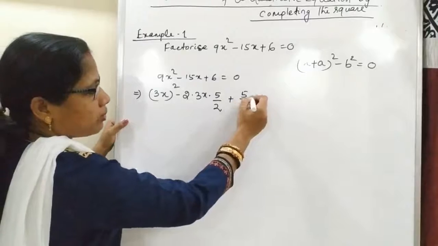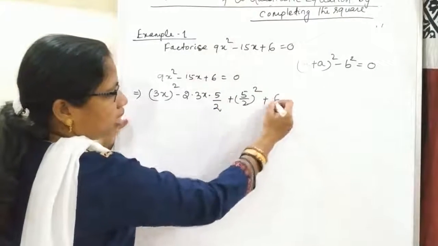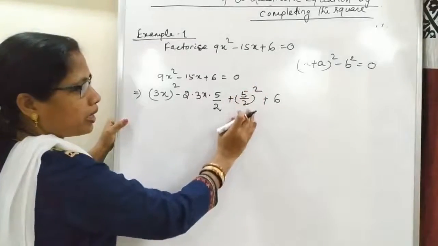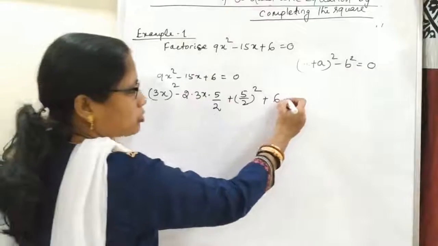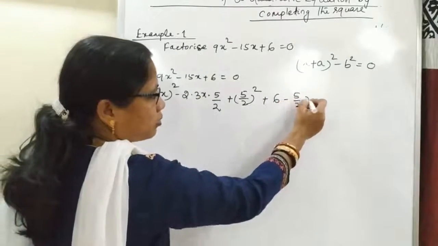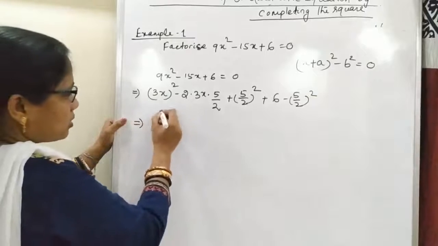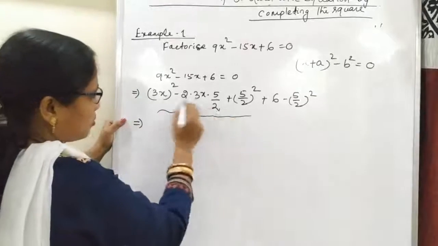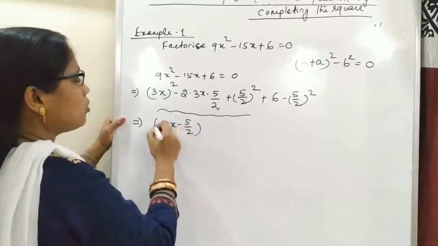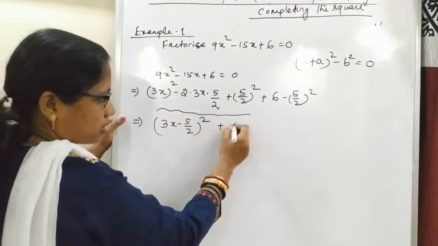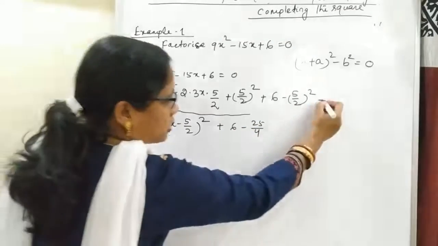So plus 5 by 2 whole square, and since we add 5 by 2 whole square, we have to subtract 5 by 2 whole square. So by using these three terms, this becomes 3x minus 5 by 2 whole square plus 6 minus 25 by 4 is equal to 0.